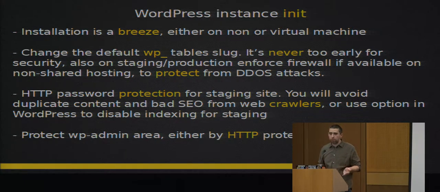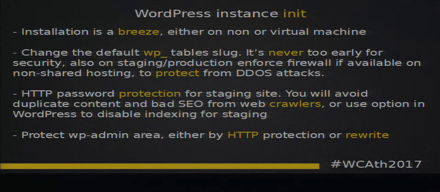So protect your site by HTTP, not just for content, but for security measures, and web crawlers will not index your site. Or you can use the option in WordPress to disable indexing for staging. And protect the WP admin area either by HTTP protection or some rewrite rules. It's basically all a matter of security.